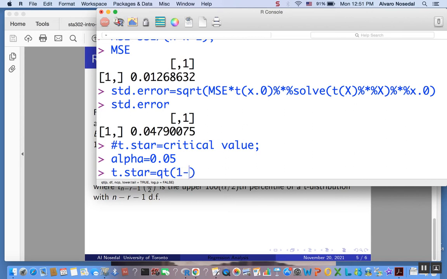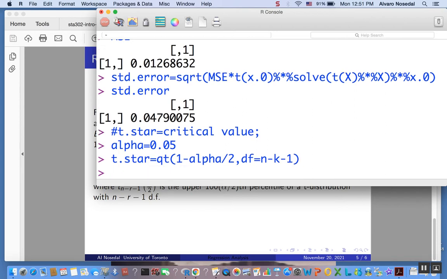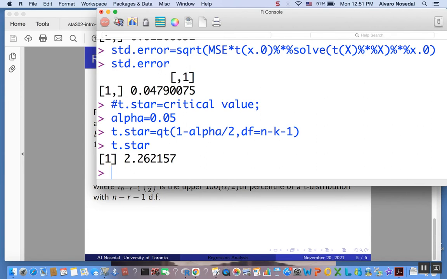In this case, since we want a 95% confidence interval, we want a number that has 1 minus alpha divided by 2 to its left. Okay, so let's find that. Degrees of freedom, we know, n minus k minus 1. That's what we want in this case. So t star.